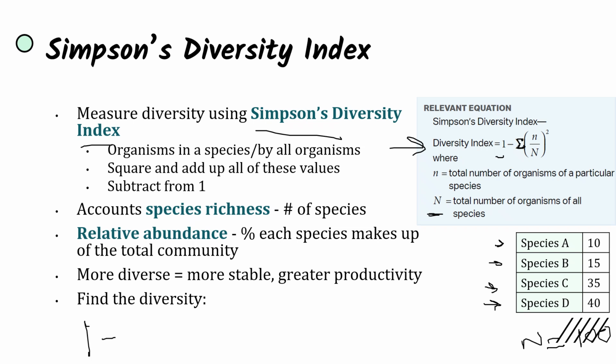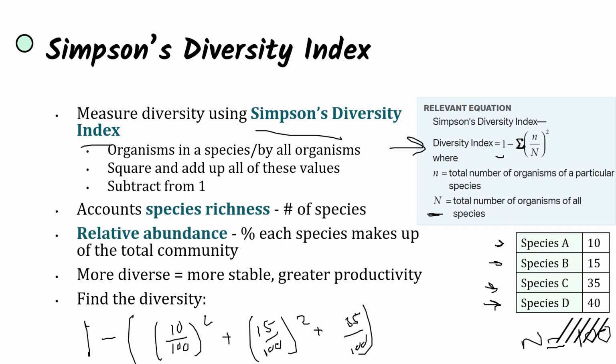It's going to be 1 minus, we have species 1, that's going to be (10/100) squared, plus, because remember we have to add up all of these values, (15/100) squared, plus (35/100) squared, plus (40/100) squared. And that's in parentheses because then it'll be subtracted from 1.